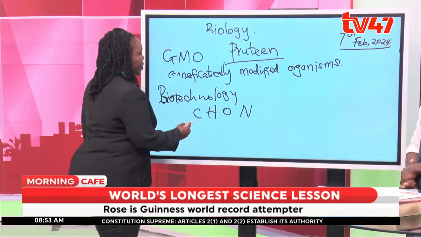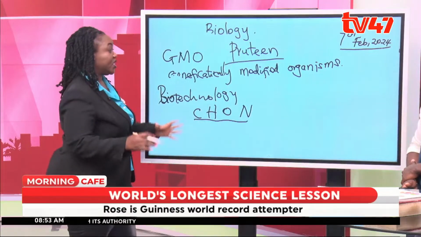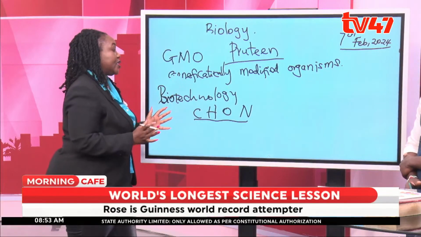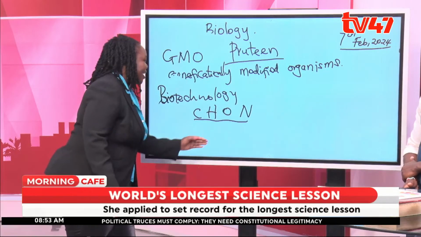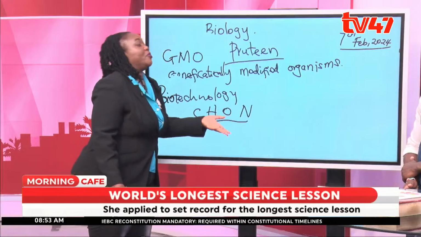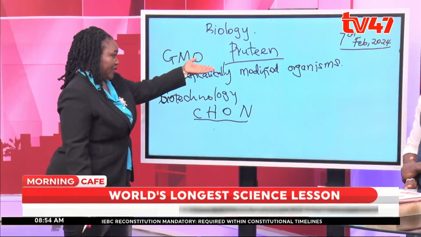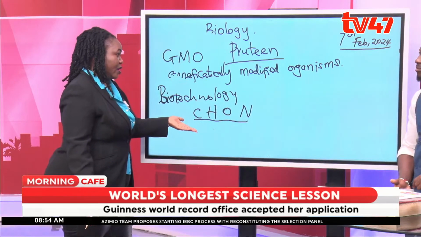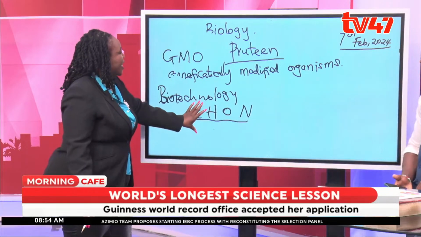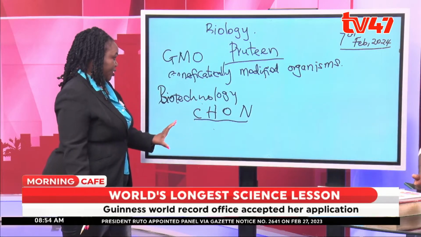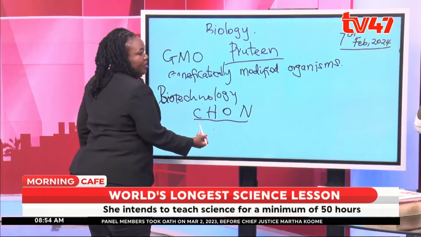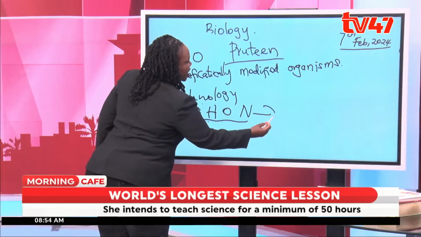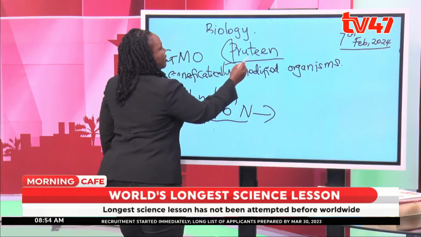It's a particular type of bacteria, not all bacteria, because we cannot take Vibrio cholerae and give it these compounds and expect it to make protein. It's a particular type of organism. So they give it these simple molecules, and this bacteria has the ability to put them together and create a compound which is called protein.